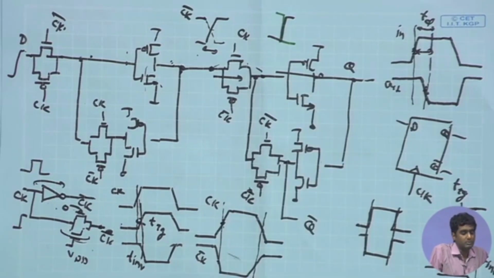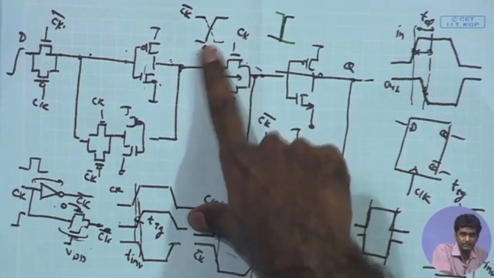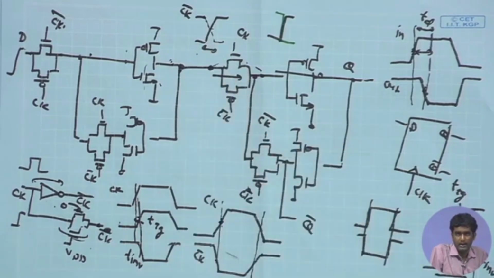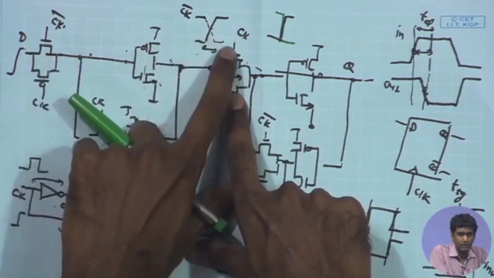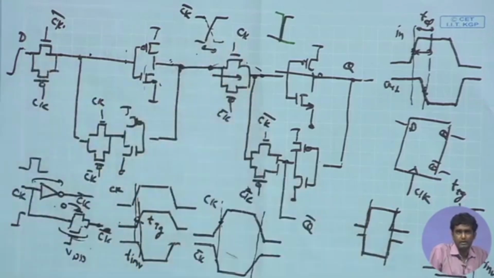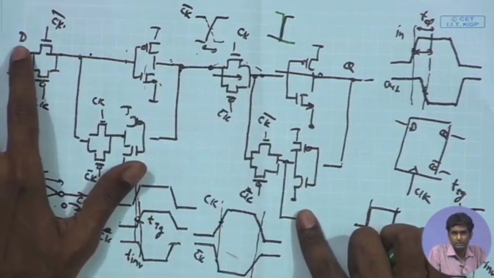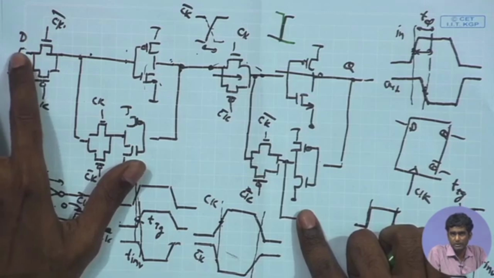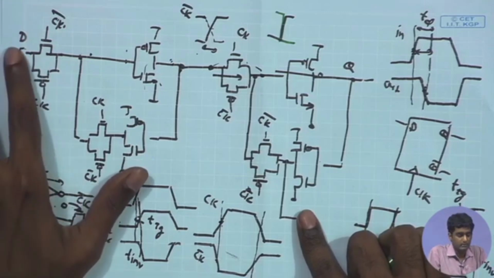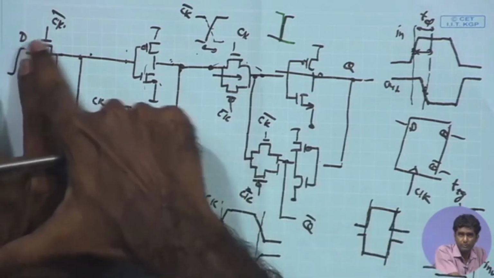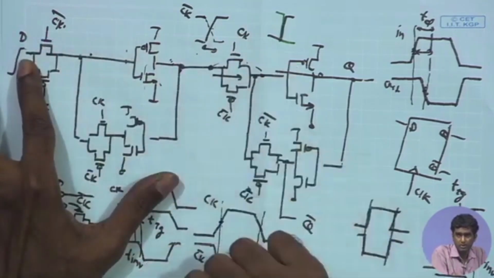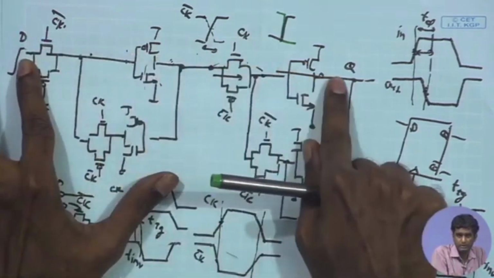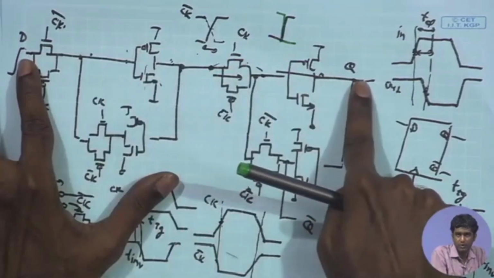But once again, the moment we start having finite rise time and fall time for the clock, and you have overlap between the clock and clock bar, any data transition over here just after the clock edge can propagate through the circuit, because of the latches being on simultaneously.